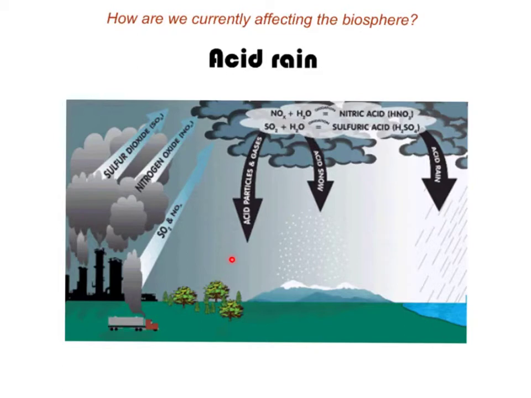Remember, if pH is too acidic or too basic, life does not do well. There's a very, very narrow range of pH in which organisms flourish. So altering the pH and making it more acidic has dramatic effects on ecosystems on our planet.